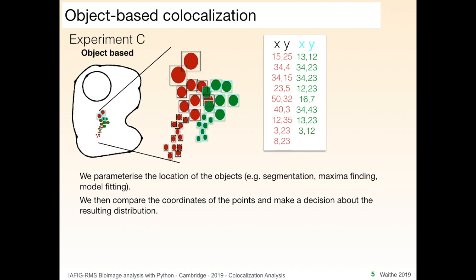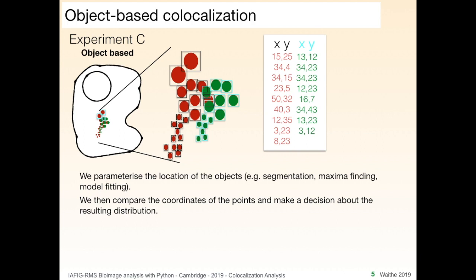And then we're comparing these two distributions of coordinates. So there are other ways of approaching it, but what's similar to all of these object-based approaches is that we individually parameterize the objects that we're interested in, and then we look at the relationships between these parameterized forms.